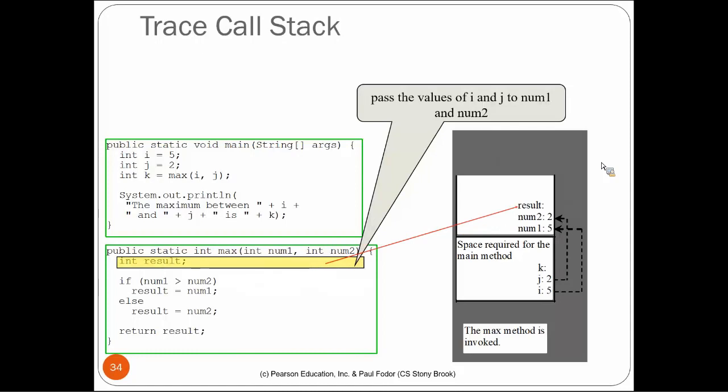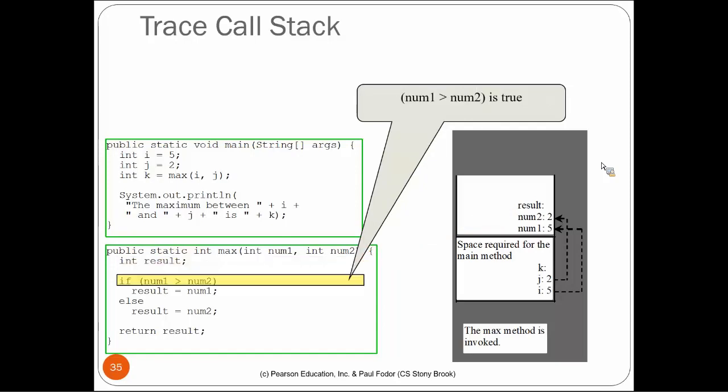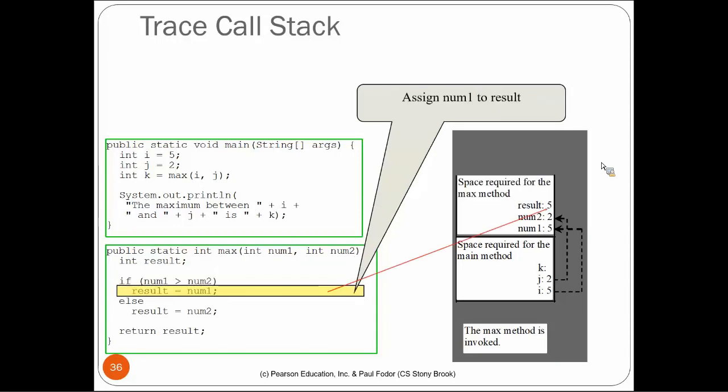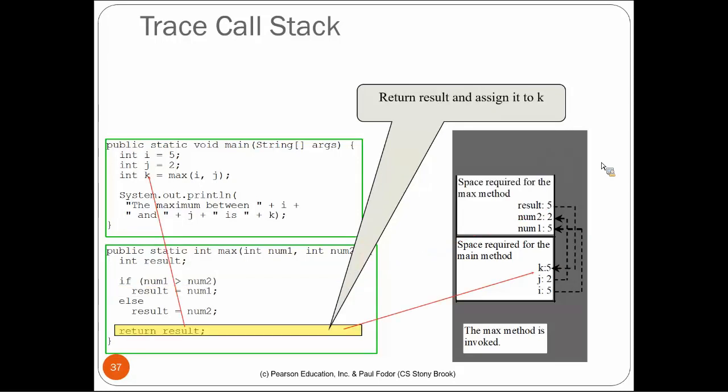Then we start executing the max method. So we allocate space for the result local variable. We execute the conditional statement: if number1, which is 5, is greater than number2, which is 2. That's true. So we assign 5 to result, and we return the result. We copy the result before we delete the activation record or frame for the max method.